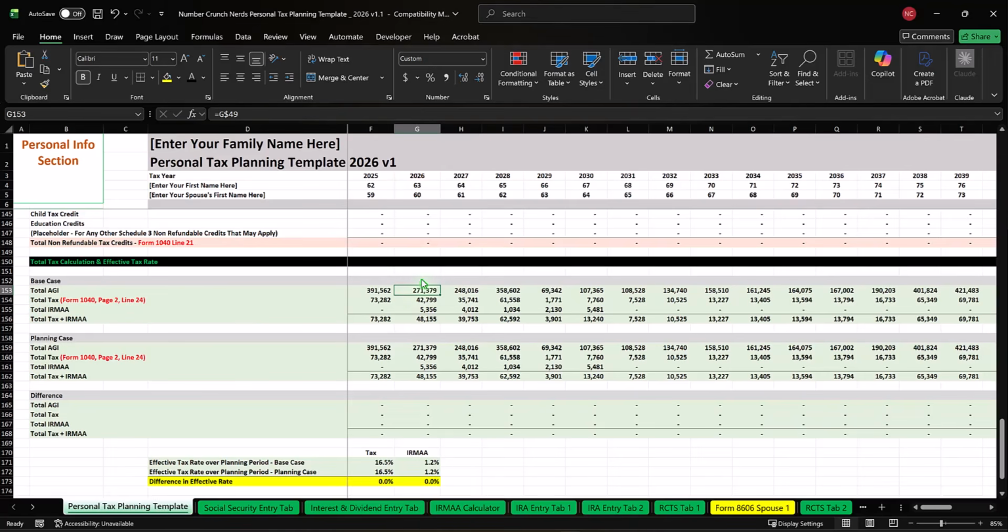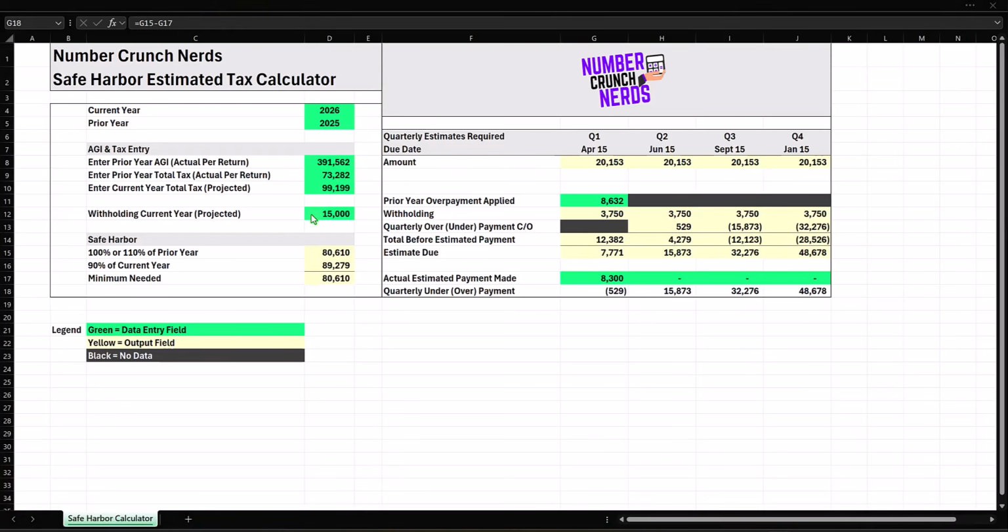Okay, here we are. I have reduced the amount of income that this individual or couple is projecting for 2026, and in turn that has reduced the amount of tax being projected to $42,799. So now if we go back to the safe harbor method calculator and we change this to 42,799, you can see, okay, wait a minute, now the 90% of the current year projection is significantly lower than the 110% of prior year, and therefore it would be highly desirable to make our estimated payments based on this number instead.